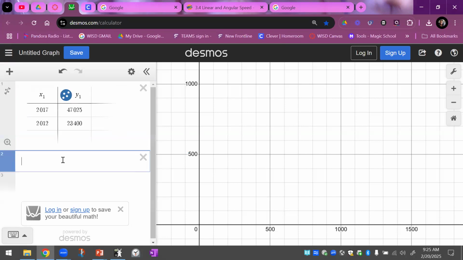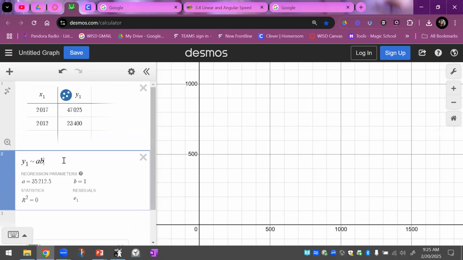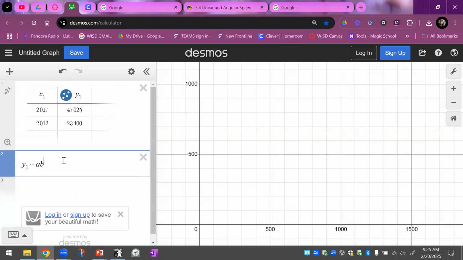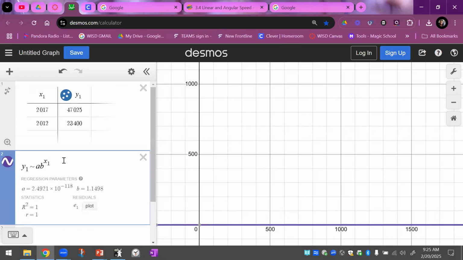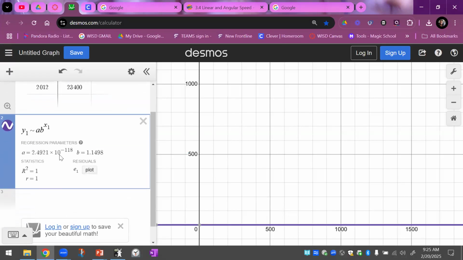Okay. So now I've made my table, and now we're going to write our regression model. So we have y1 tilde a times b^x1. If it had the log box, we would make sure it's checked.